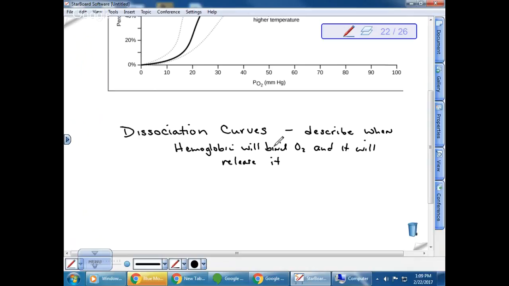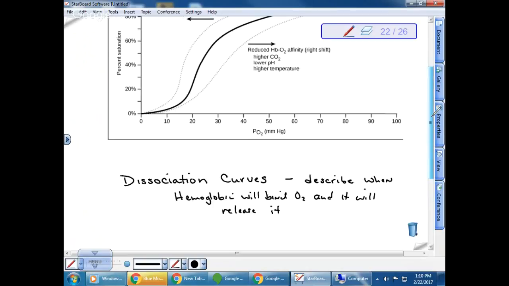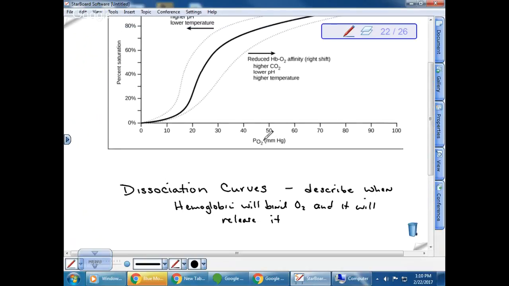Okay. So hemoglobin behaves differently in different environmental conditions, and the environmental condition that's looked at here is the partial pressure of oxygen. So you notice that the partial pressure of oxygen is just the concentration of oxygen in the blood, right? And also in the interstitial fluid.